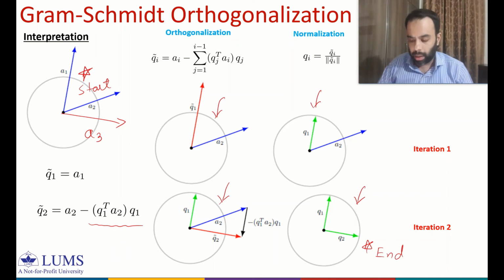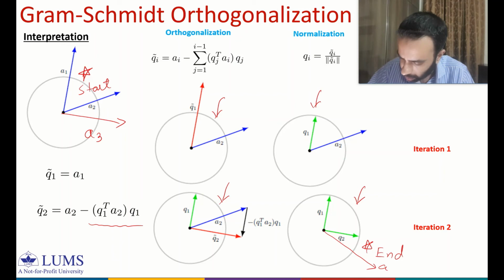So there won't be any changes in iteration 1 and iteration 2, and you will eventually reach here. But now you will have another vector, say drawn here. This is the same A3, which is a linear combination of A1 and A2, and it's also a linear combination of Q1 and Q2 as well.